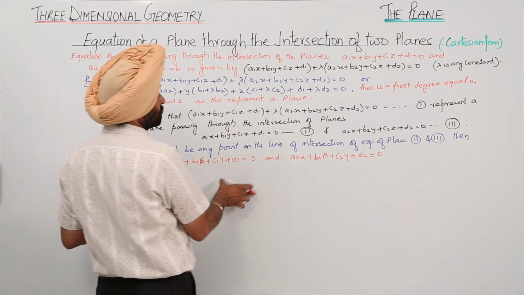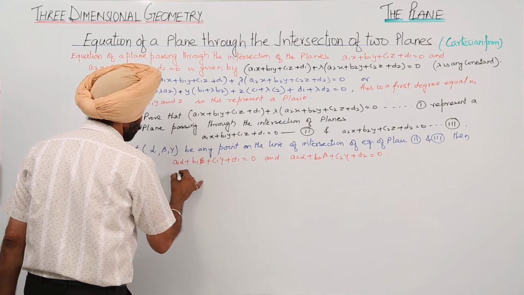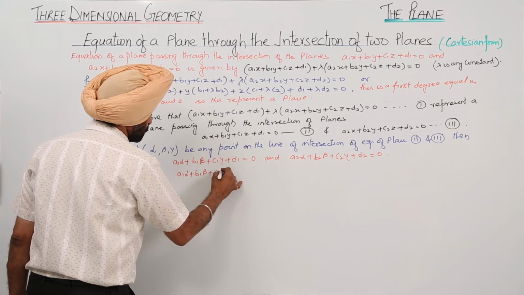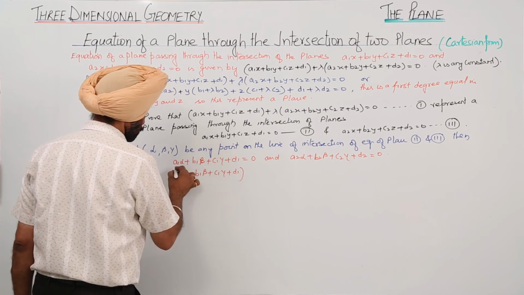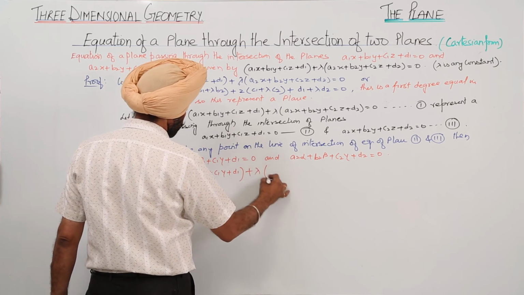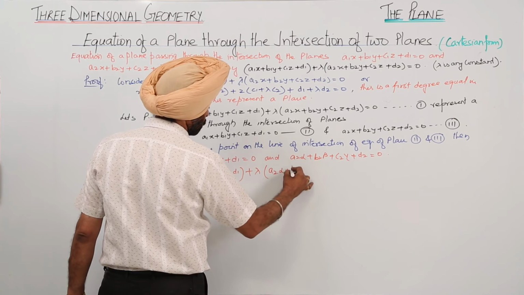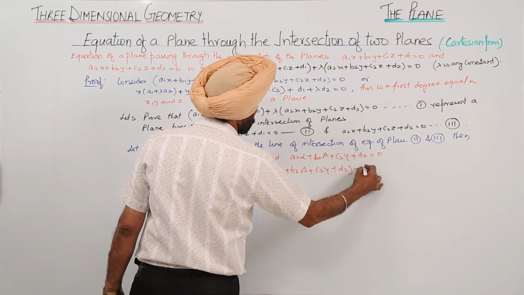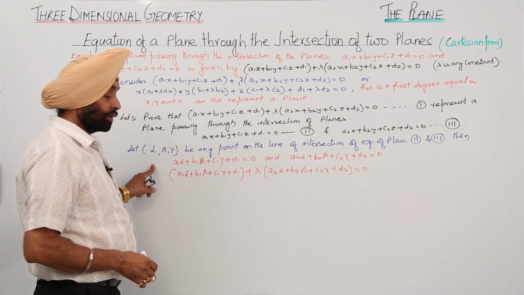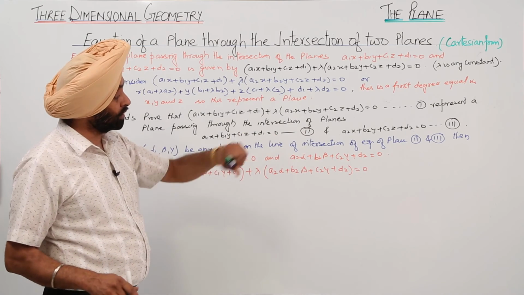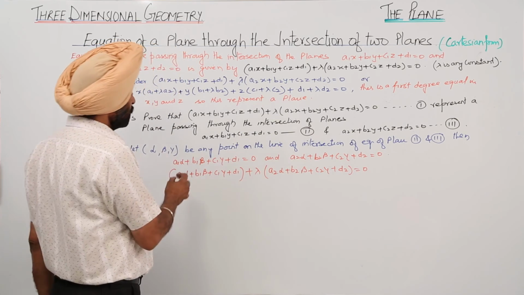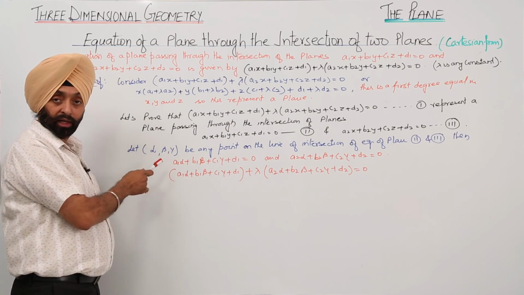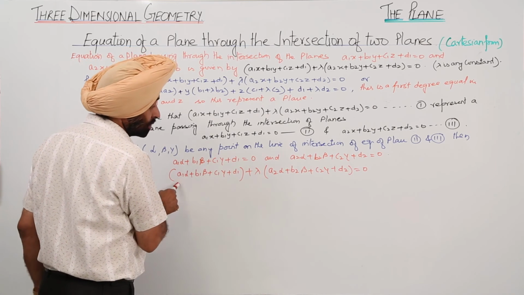Now putting these values in this plane, we have a1 alpha plus b1 beta plus c1 gamma plus d1 plus lambda times a2 alpha plus b2 beta plus c2 gamma plus d2 is equal to 0. Now alpha, beta and gamma are any point on the line of intersection of the two planes, so in place of x, y and z in both the planes, we put alpha, beta and gamma. So the equation converts to this.